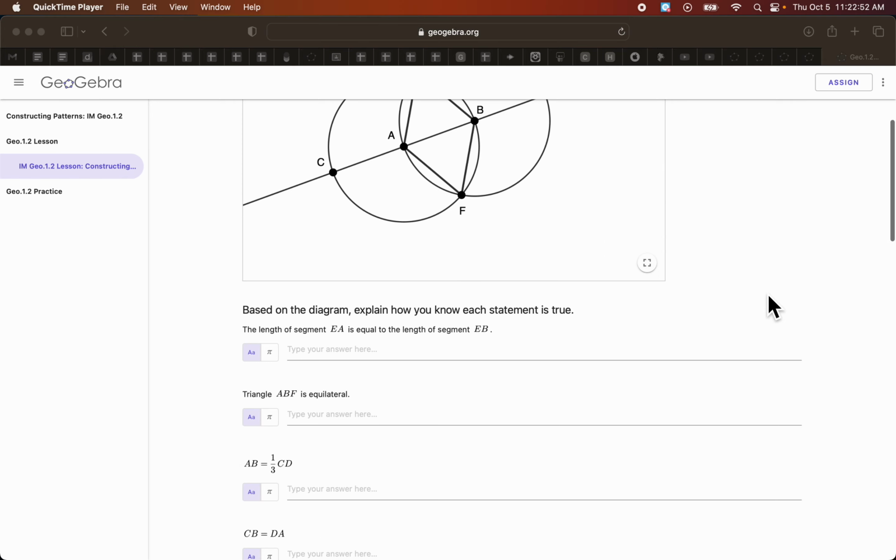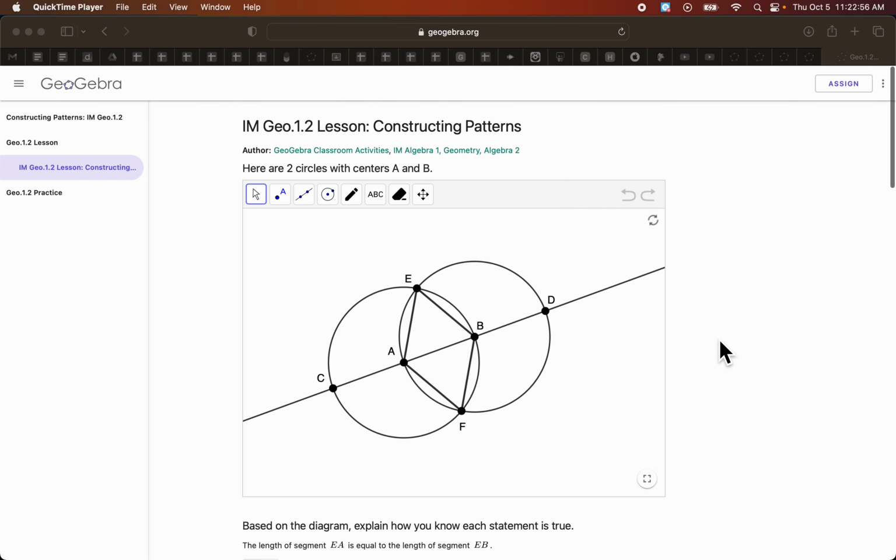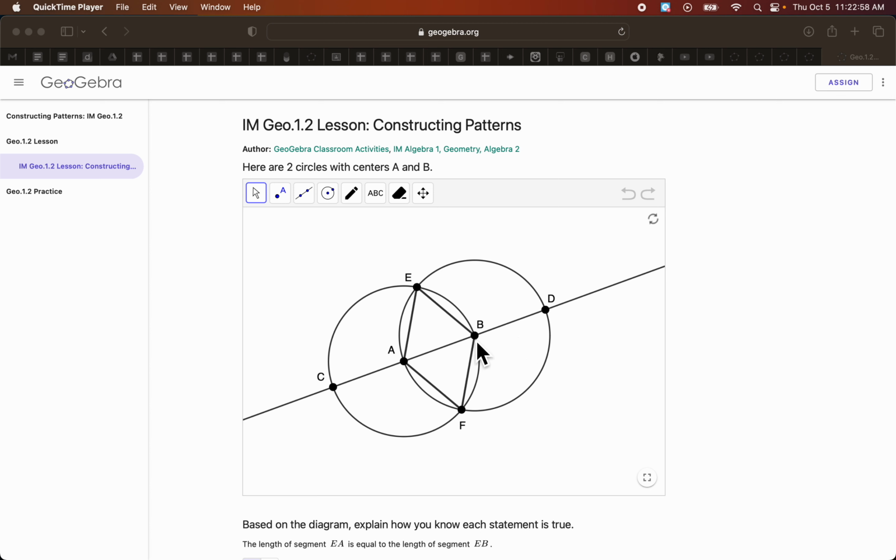So let's see here. Okay, AB is 1/3 of CD. That means that the distance from C to D could be split into three equal parts: CA, AB, and BD. How do I know that they're all the same length?